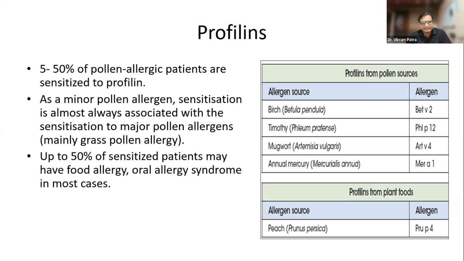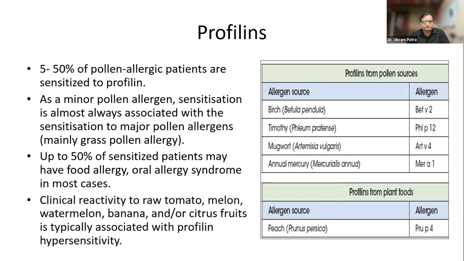Up to 50% of sensitized patients may have food allergy, oral allergy syndrome in most cases. A child may present to us with pollen allergy in the first, say, 5 to 10 years of age with typical respiratory symptoms, but later in the adolescent age group, they come with even oral allergy syndrome because of the sensitization to these pan allergens.